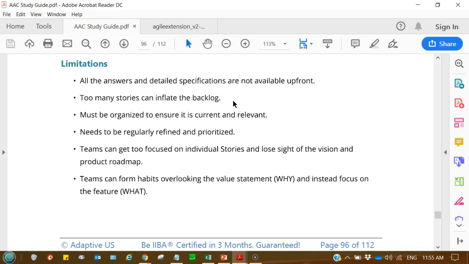If you break your stories down too much, you can have too many stories, and that can make your prioritization difficult. Again, a balancing act. It's just a possibility to be aware of. Whatever works for your team.